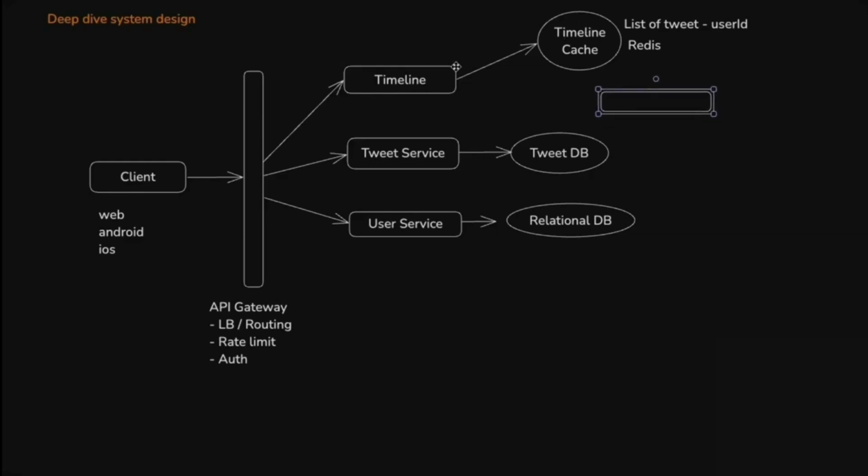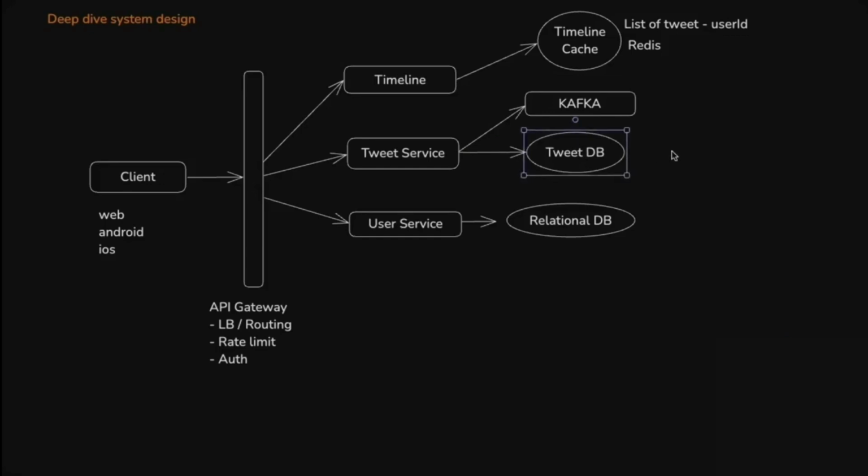So this list of tweets would be pre-computed as soon as the tweet is posted by a particular user. This could be a message broker. We could make a choice of using Kafka in this use case. So whenever a tweet is posted, the tweet service can publish the message into the Kafka layer, as well as save it into the database.